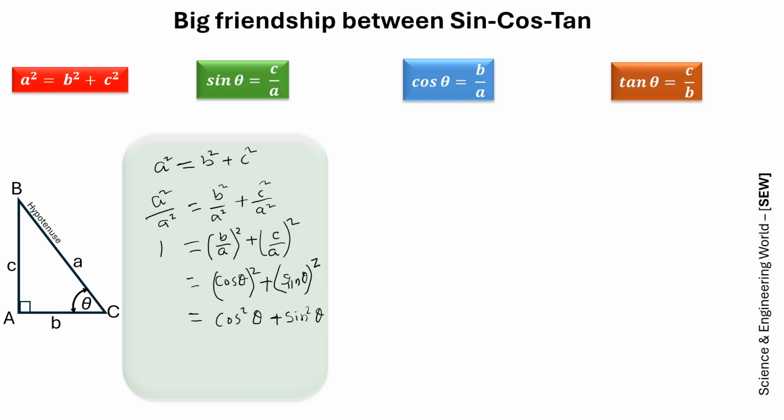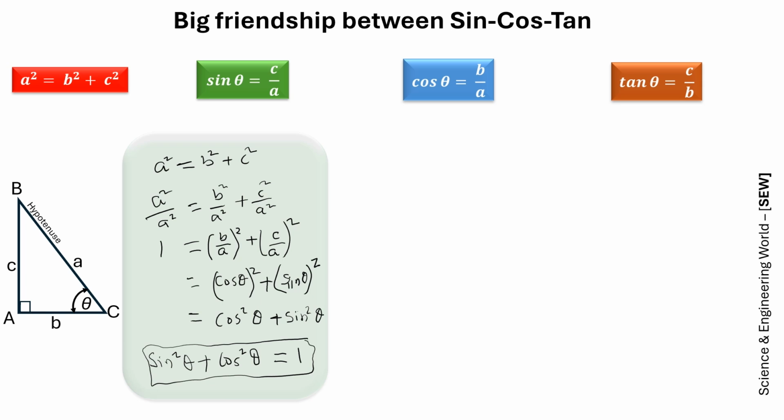In essence, we can now say that sine squared theta plus cos squared theta will be equal to 1.